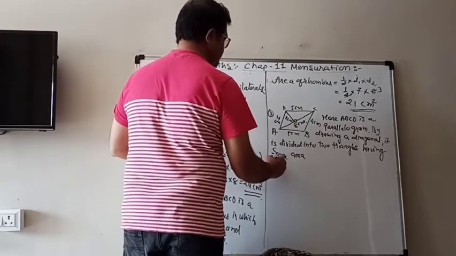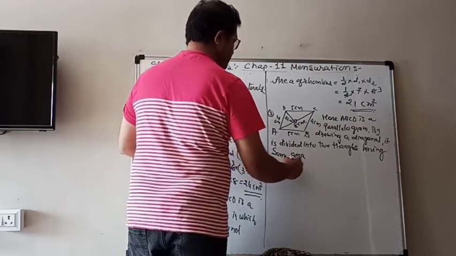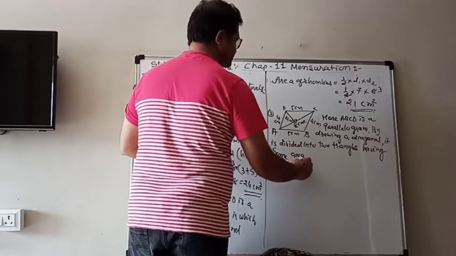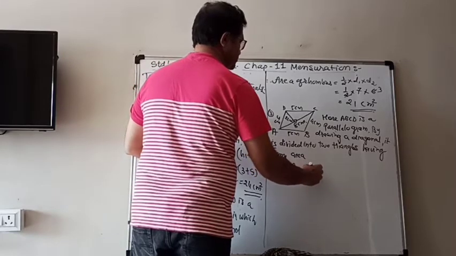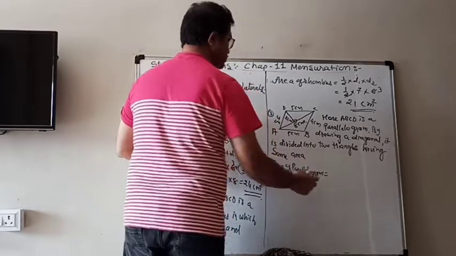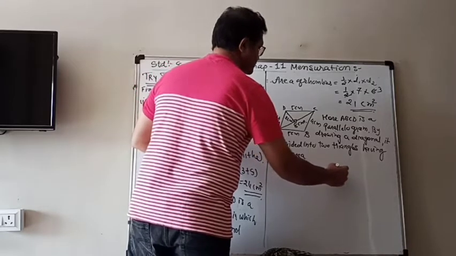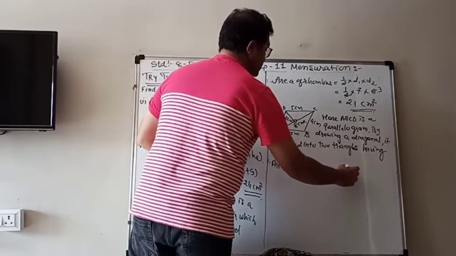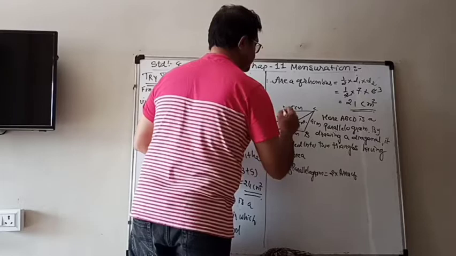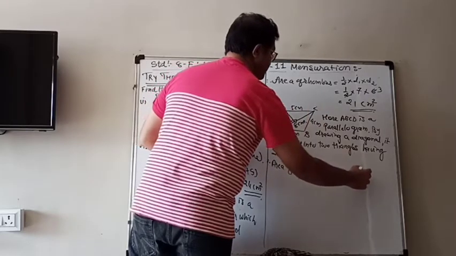Therefore, area of parallelogram is equal to 2 times area of triangle ADC.